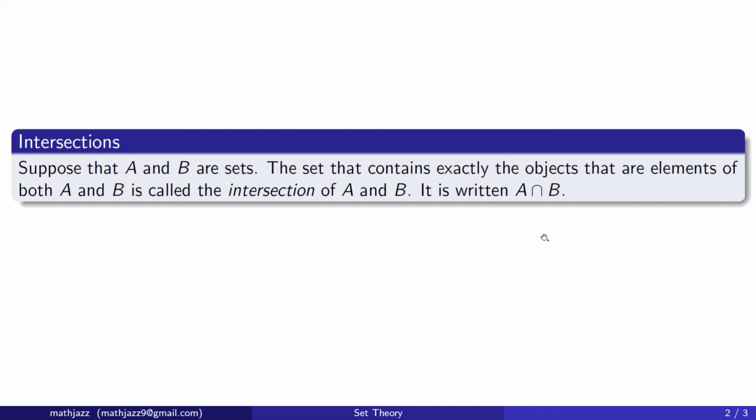I like to think that the upside down U shape looks like an A with the missing bar in the middle, and that missing bar A means and. So A intersect B means the stuff that's in A and in B. It's all the stuff that's in A and it's in B.